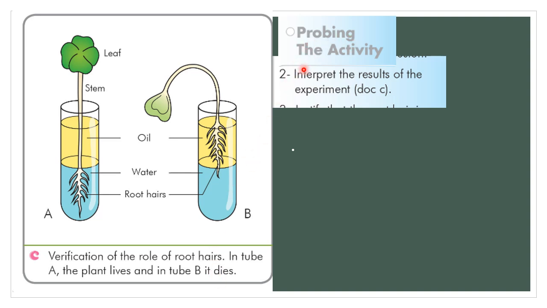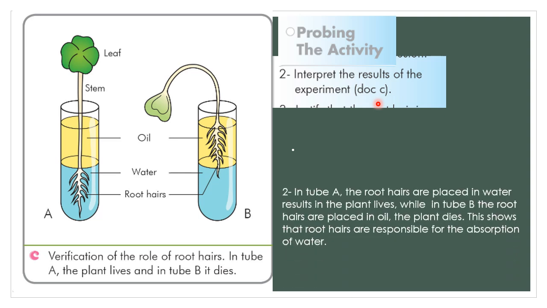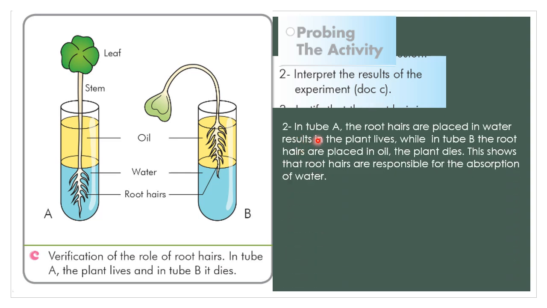Activity number 2. Interpret the results of the experiment in document C. In tube A, the root hairs are placed in water, and the plant lives, while in tube B, the root hairs are placed in oil, and the plant dies.